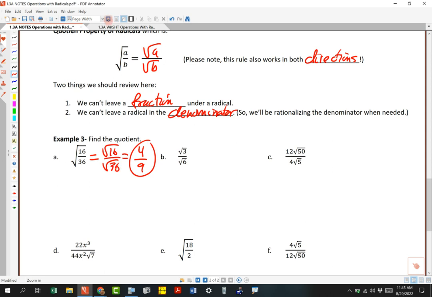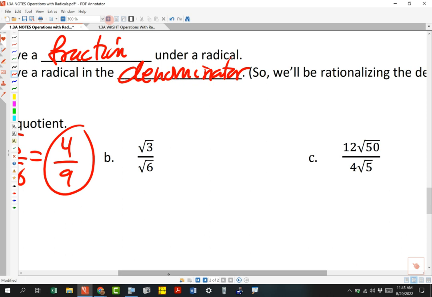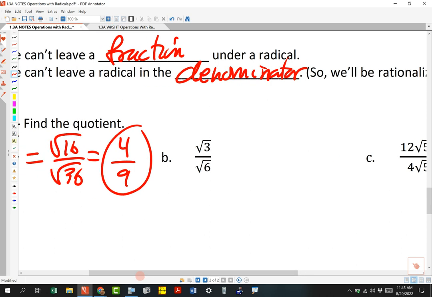Doesn't really get any easier than that. Couple different ways to do this one. Okay, I'm going to show you the way we do it using the property, and then I'm going to show you the way I like doing it. So here's how you use the property.